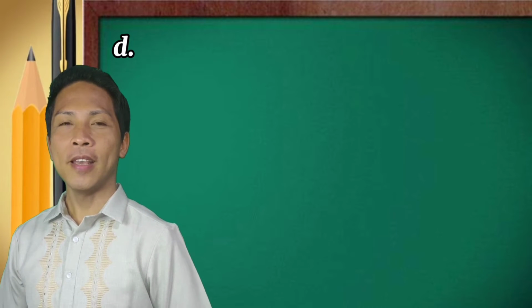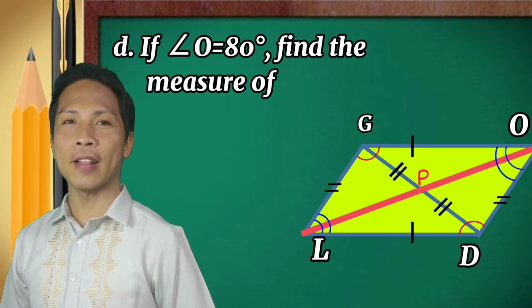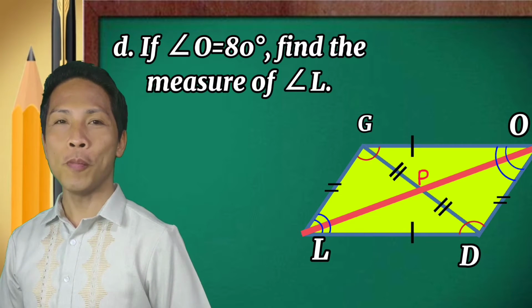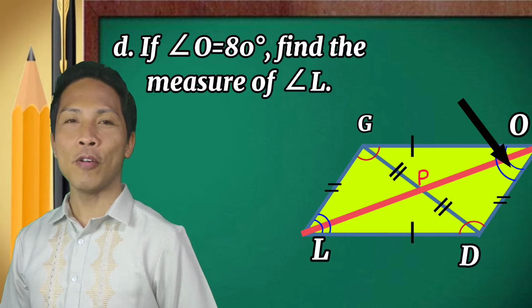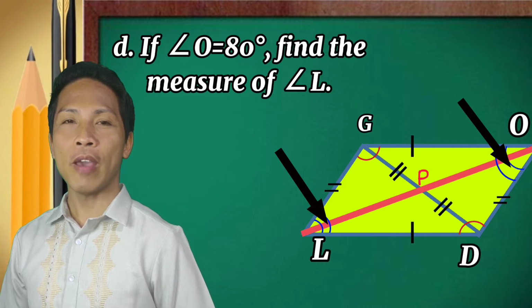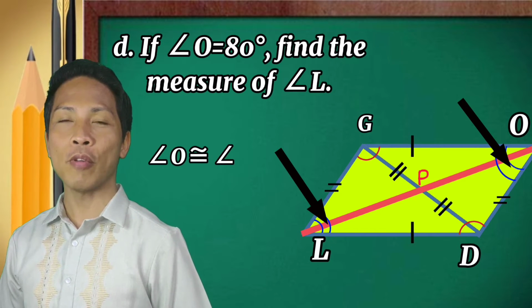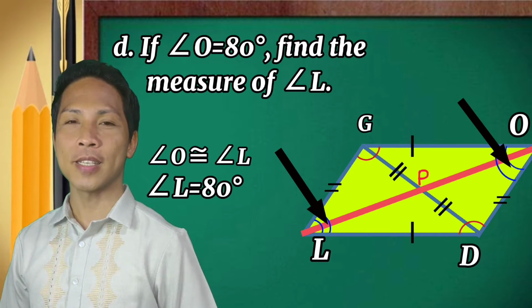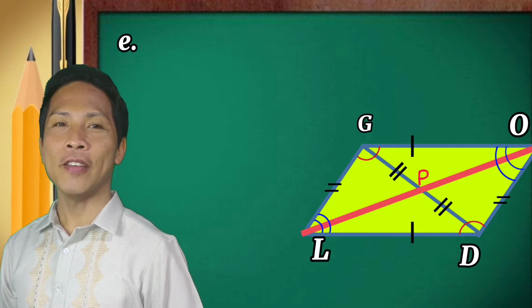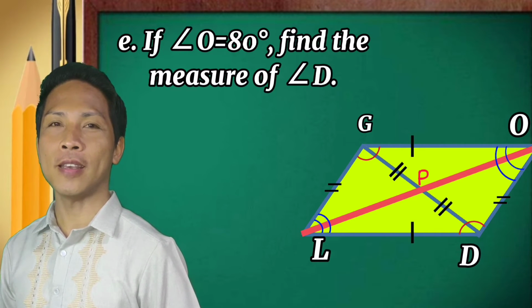Letter D. If angle O equals 80 degrees, find the measure of angle L. Remember, opposite angles of a parallelogram are congruent. Angle O and angle L are opposite angles. So, if angle O equals 80 degrees and angle O is congruent to angle L, then angle L equals 80 degrees.